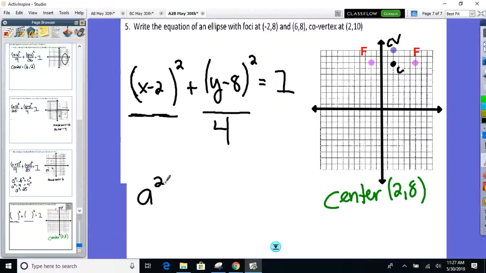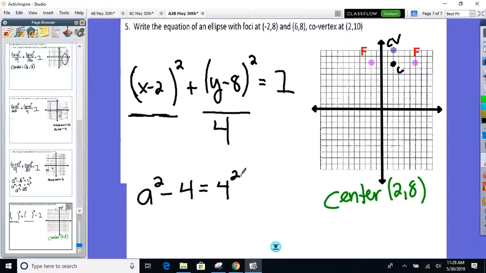And now ready to find the last one. A squared minus 4. Now C is, again, the distance from the center to one of the foci. It's going to be, let's see, ready? You can count it with me. Count it yourself. 1, 2, 3, 4. So 4 squared.